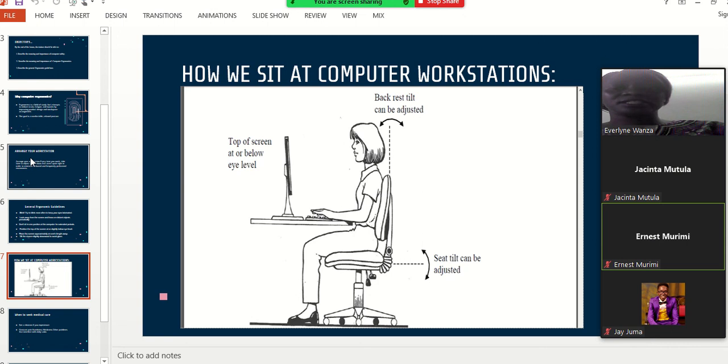This is how we should sit. Ensure that the back rests, and make sure that the seat you're sitting on can be adjusted so that the back rests properly. Then your eye level should face the screen. Then also you should tilt how you're sitting so that you avoid the strain.